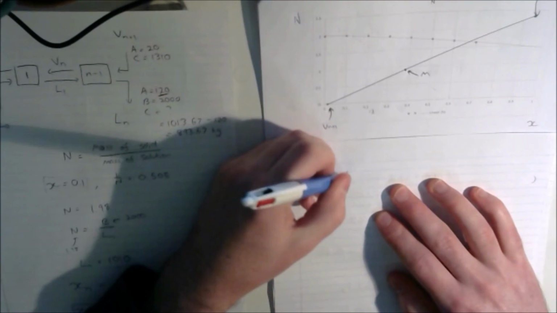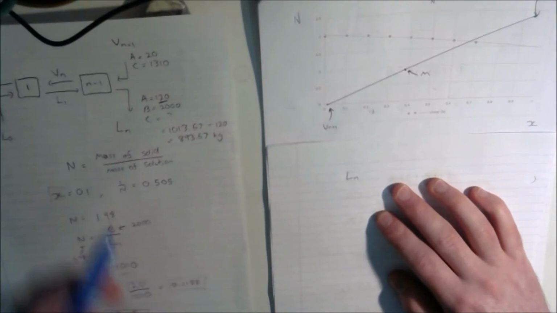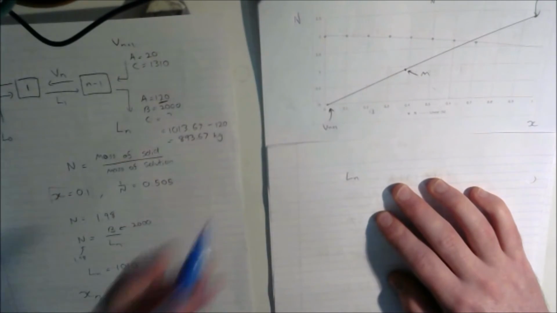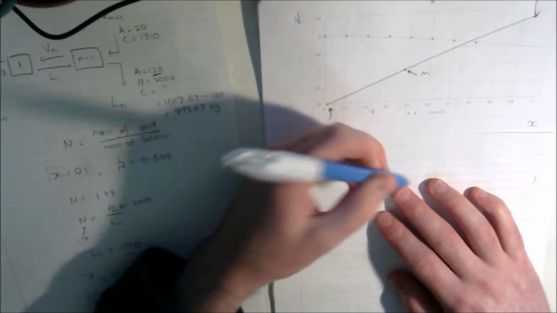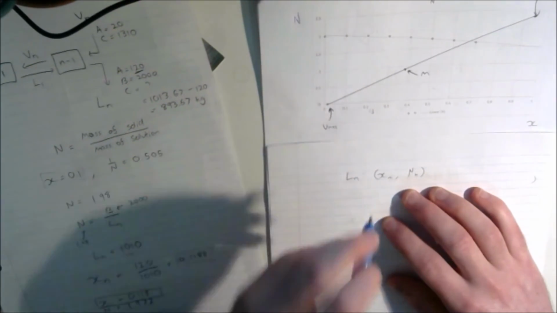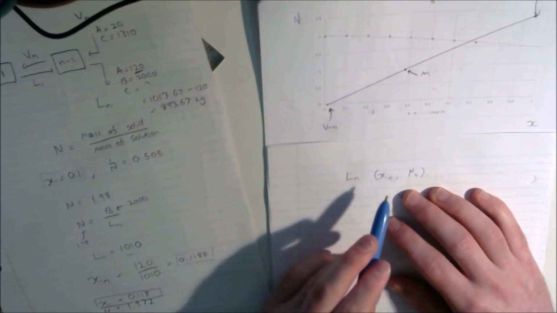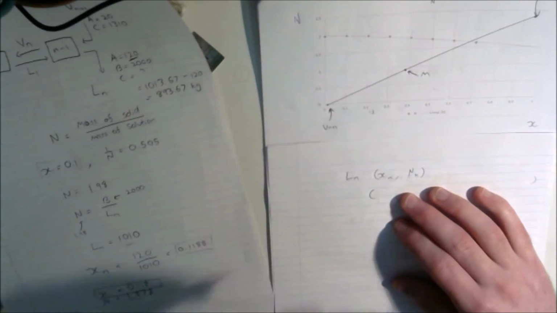Okay, Ln stream. So that's our extracted solid coming out. We are looking for xn and nn. xn is what we calculated way back in part 1, which was 0.118.